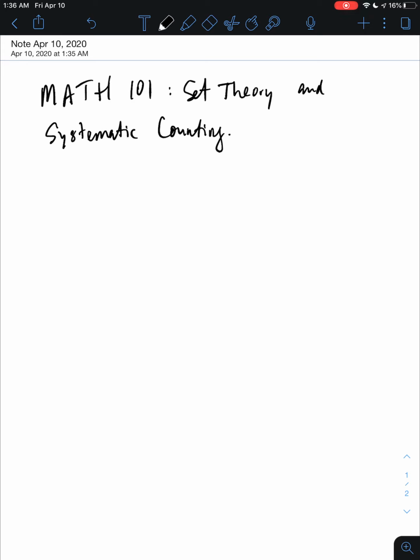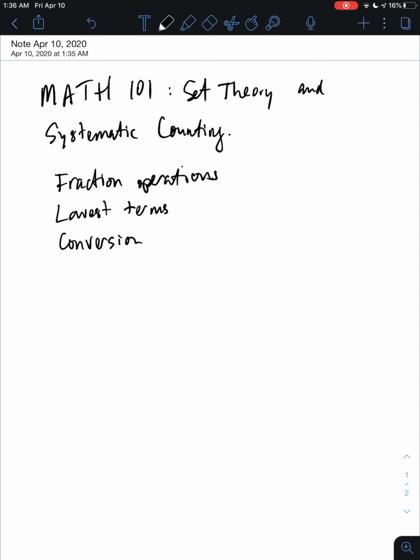So there'll be fraction operations, lowest terms, conversion of fractions to decimals. Okay, so this will be quiz 5.